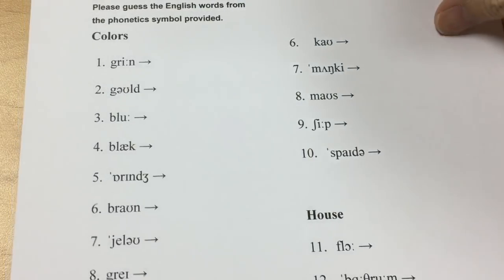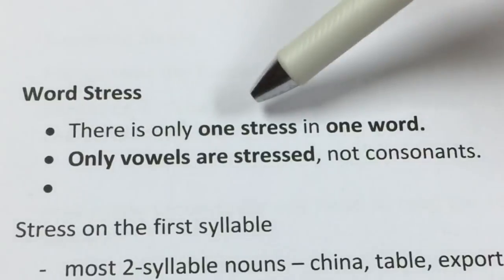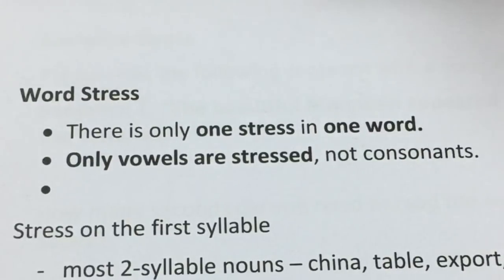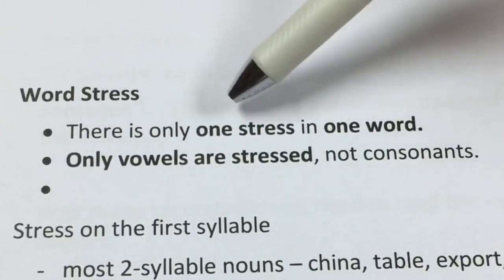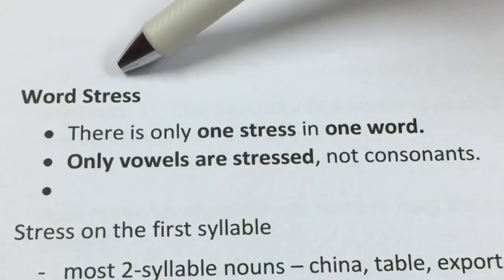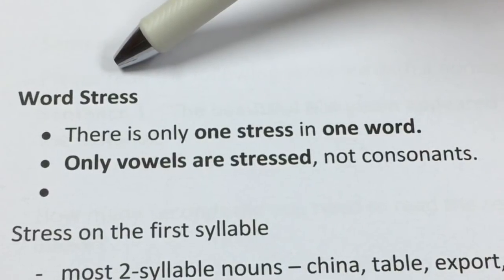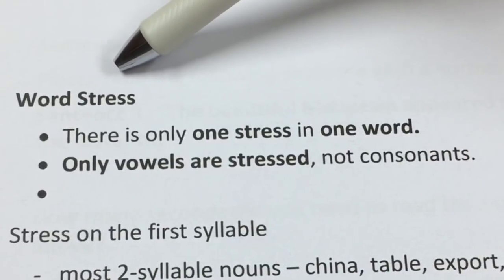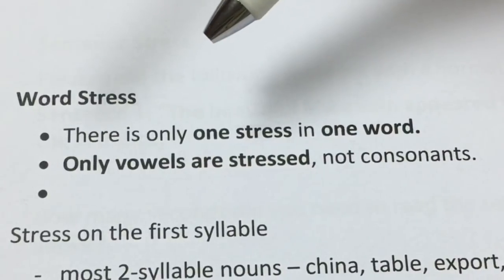Now we move on to word stress. There are two rules of word stress. Number one is there is only one stress in a word. So what is stress? Stress as a noun is ความเครียด, right?